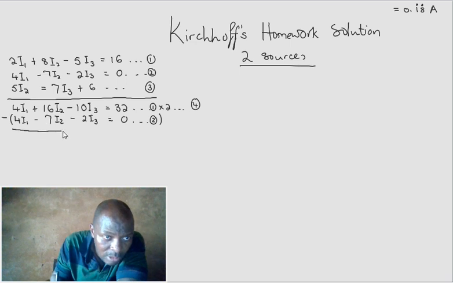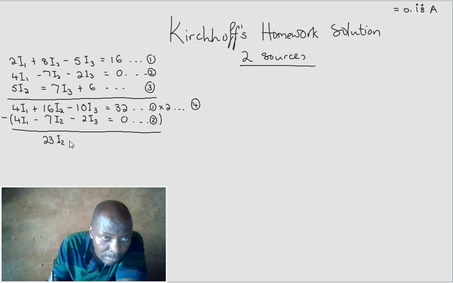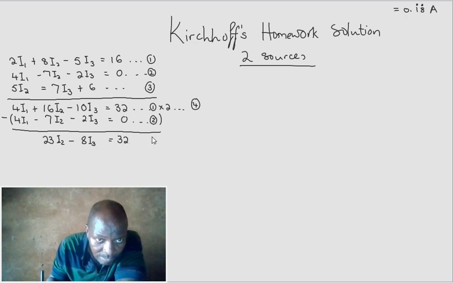I'll subtract this and I'll get 16 minus minus, which is going to be 23 i2, minus 10 minus minus, that will be plus 2, that will be 8 i3, is equal to 32 minus 0, which is equal to 32. That there is going to be our equation 5.